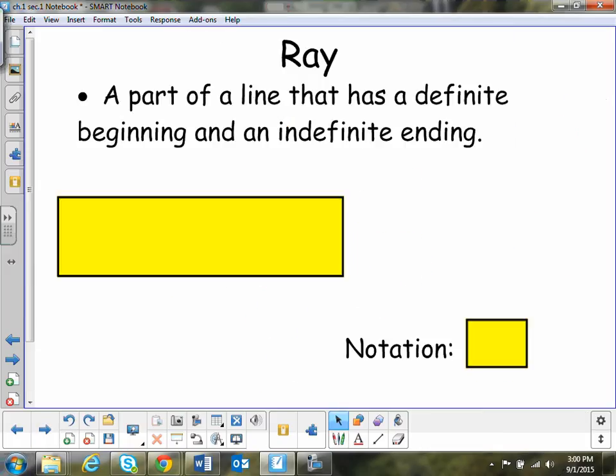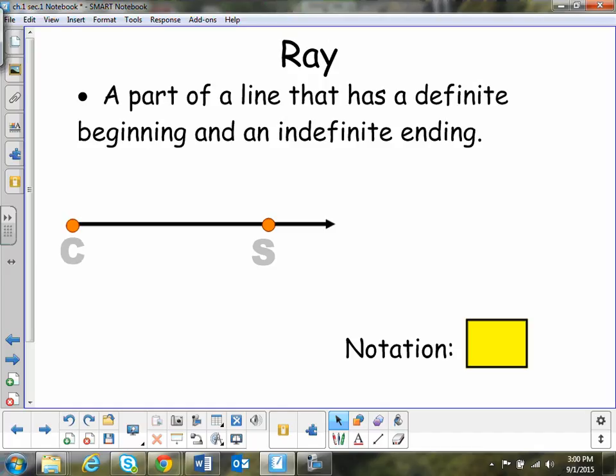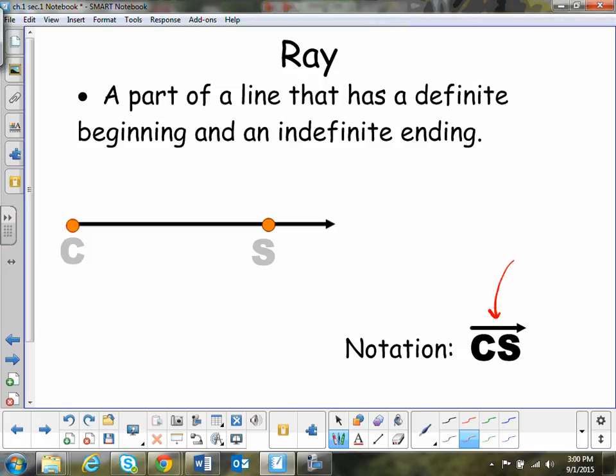Ray. That's the picture of a ray. Okay? It's kind of a combination of a line and a segment. It has a definite beginning and an indefinite ending. There's how you name it. You need to write a little note here. This symbol is for ray.